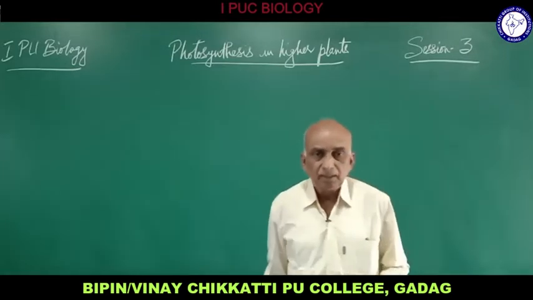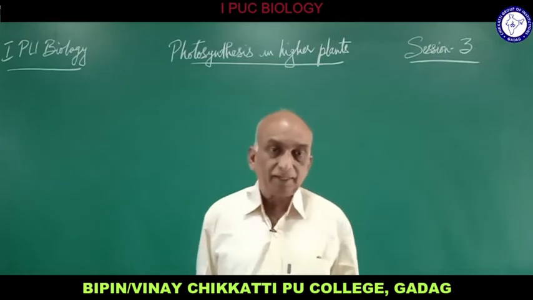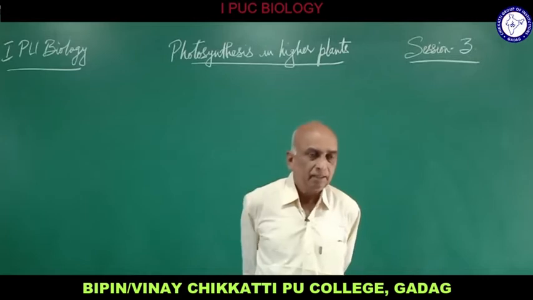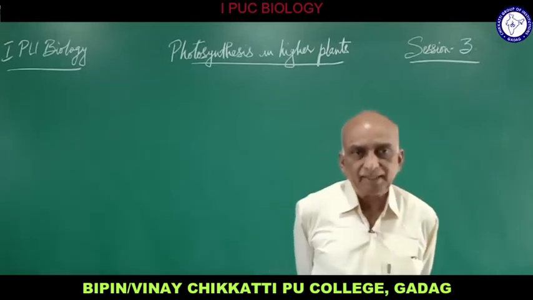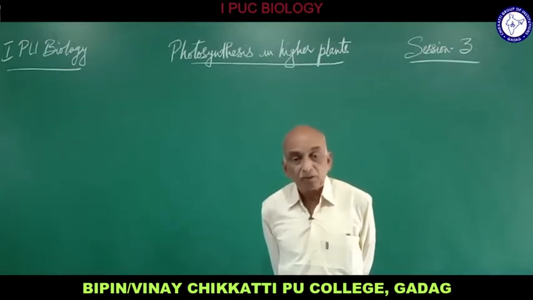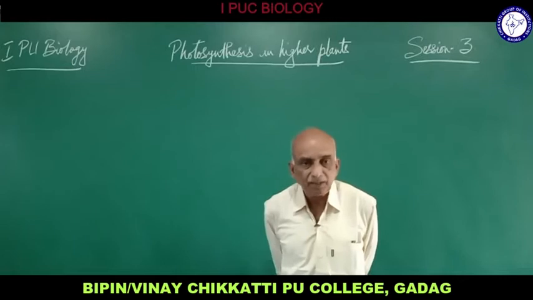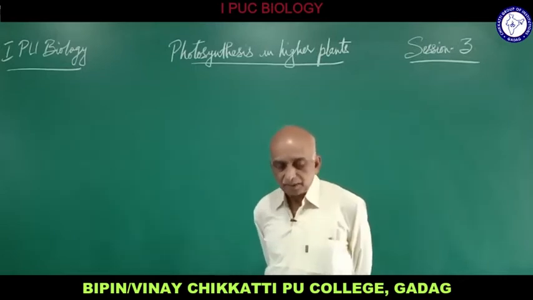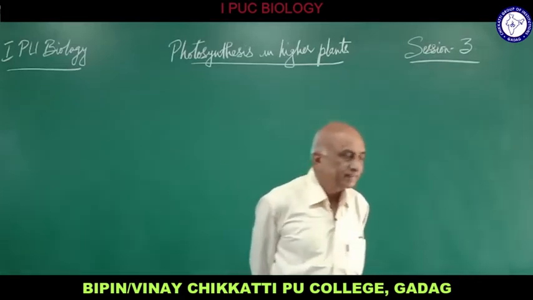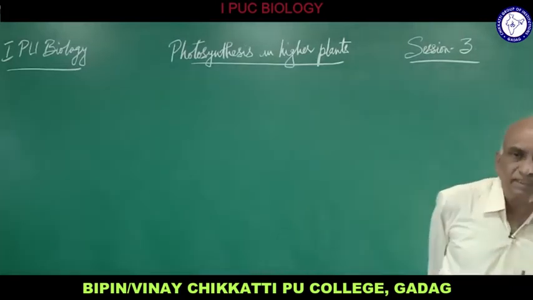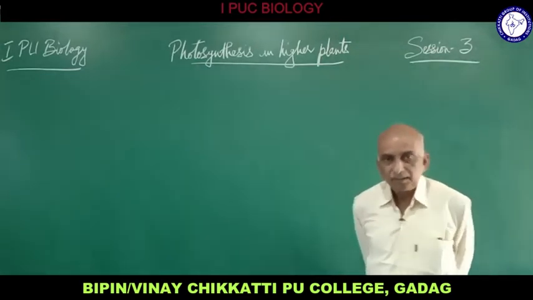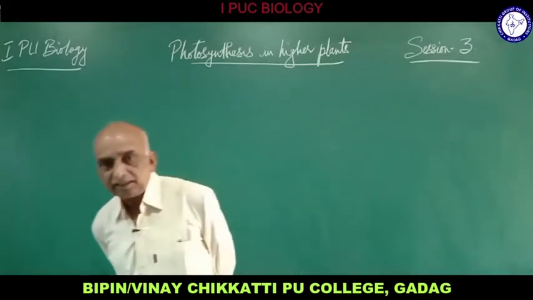When the excited electron escapes, the chlorophyll molecule is said to be oxidized, due to the loss of electrons. The compound which donates or loses electrons is said to be oxidized, and that is the oxidation reaction. The compound which accepts electrons is said to be reduced, and that is the reduction reaction.